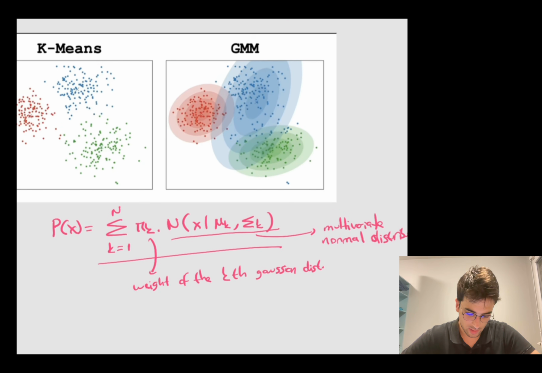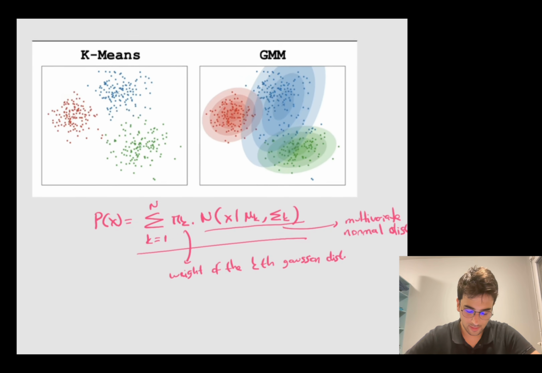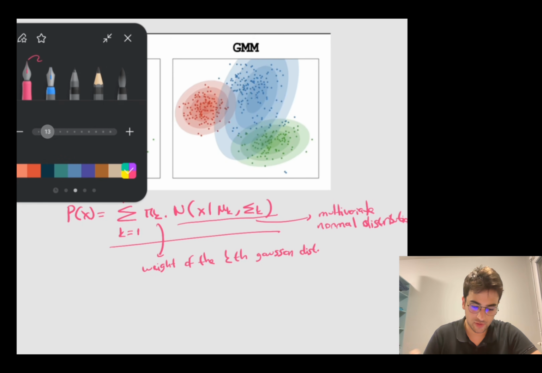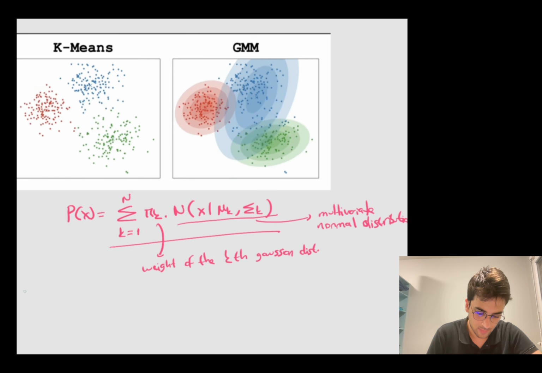So yeah, we calculate the probability of a single data point with this formula. During the training of this algorithm, we have a step called expectation and maximization.